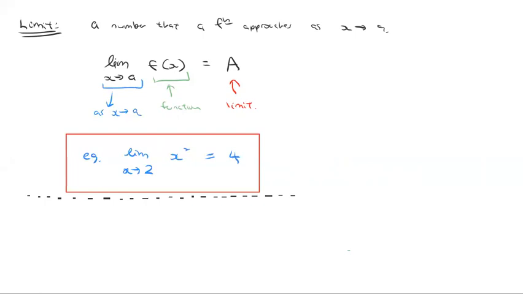So let's say that f of x equals, or maybe let me do it this way.